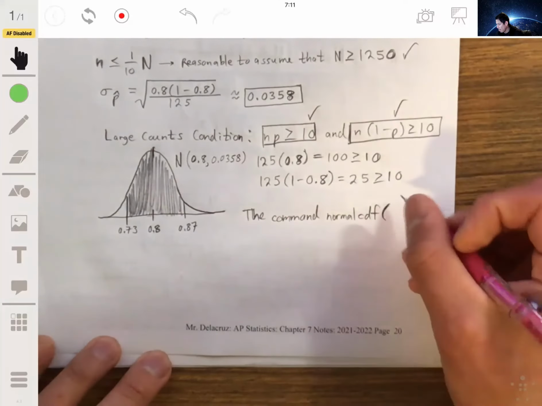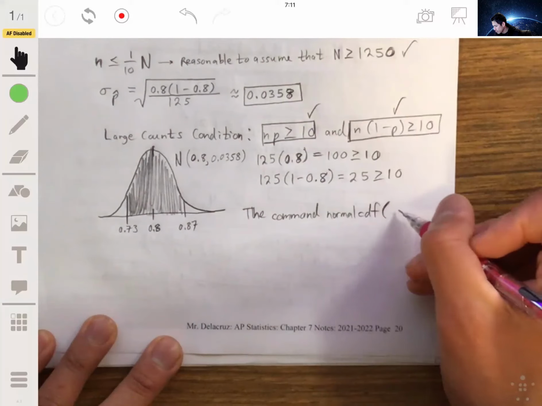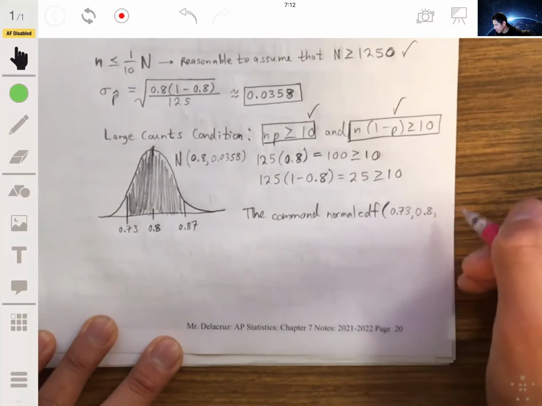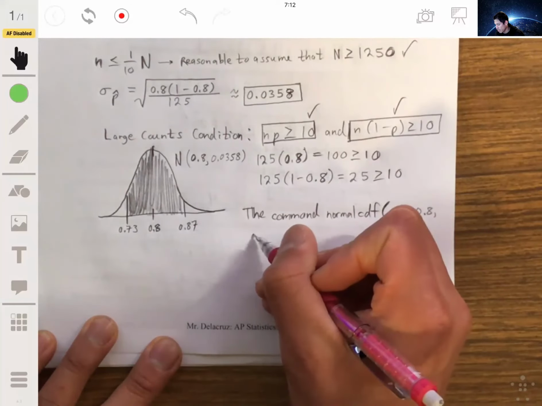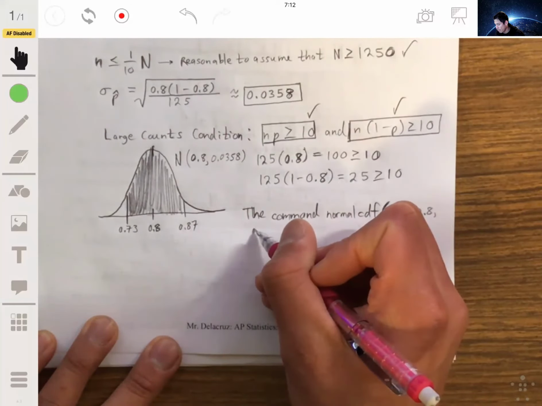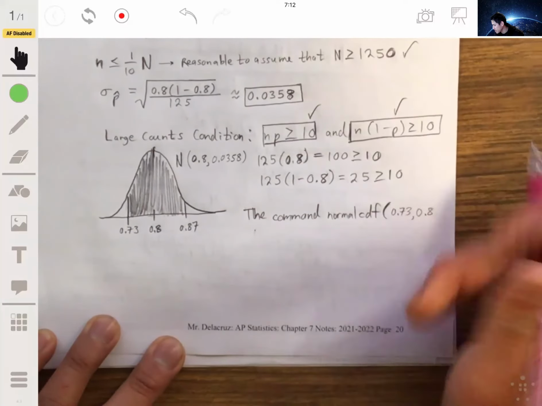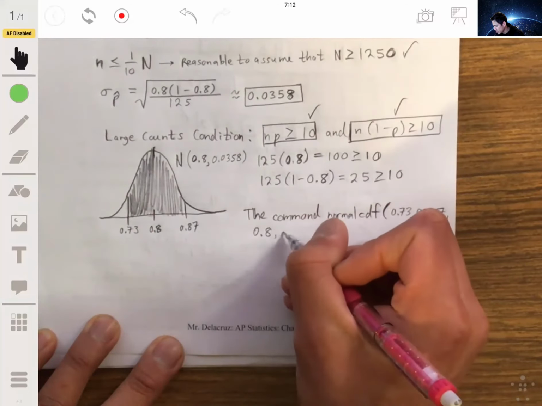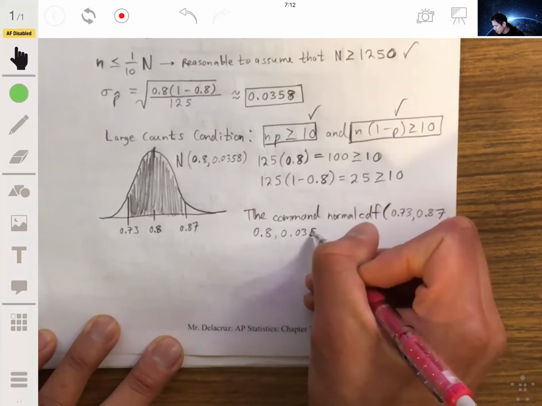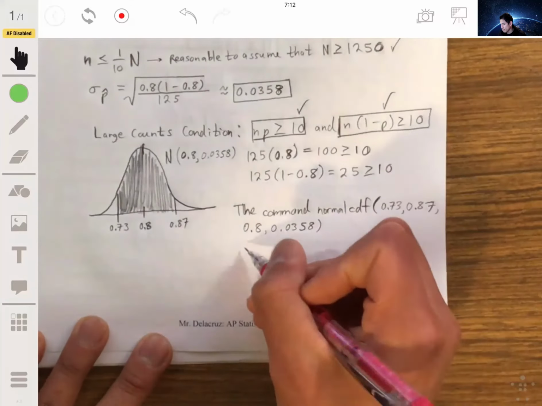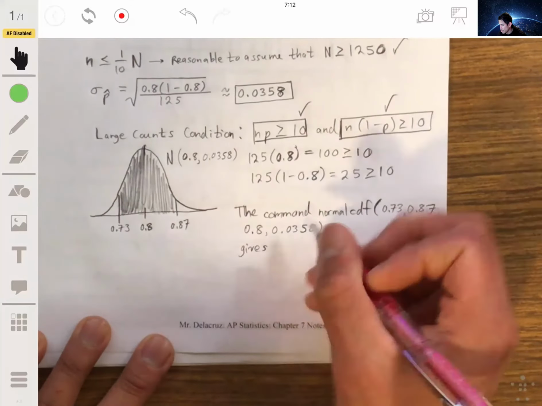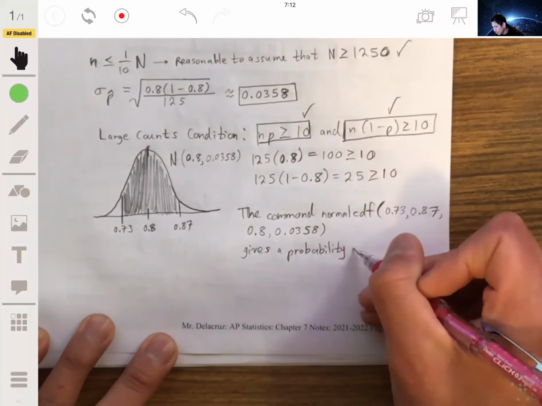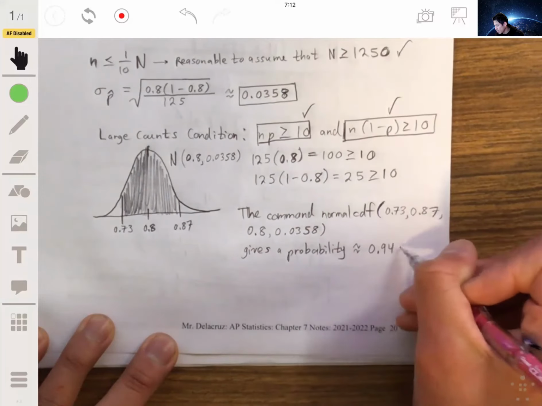So we could say something like, we use the command normal CDF, 0.73 as our lower bound, 0.87 as our upper bound, followed by our mean of 0.8 and our standard deviation of 0.0358. This gives a probability of about 0.949.